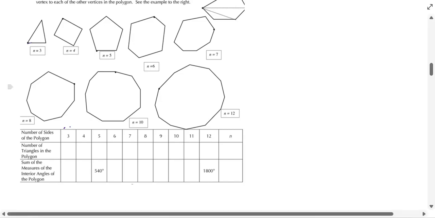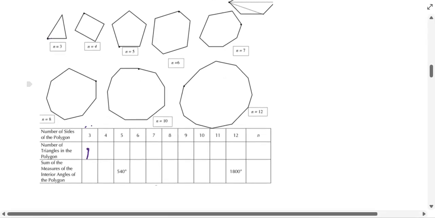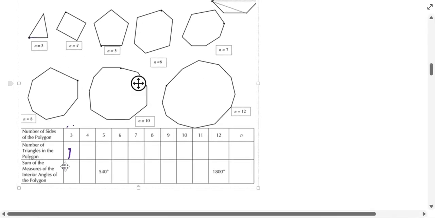If I look at the number of sides, which is what n stands for, if the number of sides in our polygon is 3, we have a triangle. It only forms one triangle, and we already know that the sum of the angles in a triangle adds up to be 180 degrees.